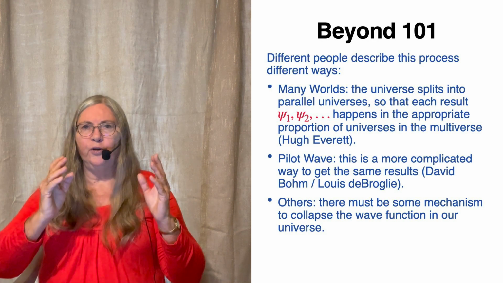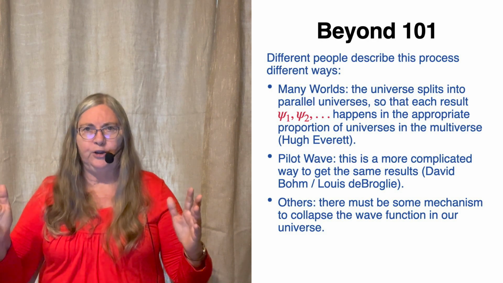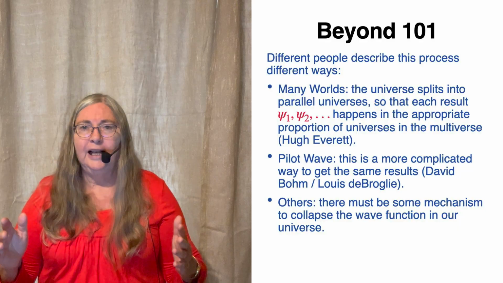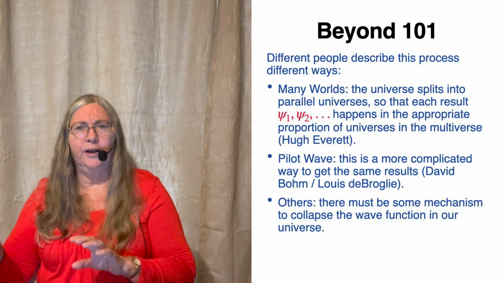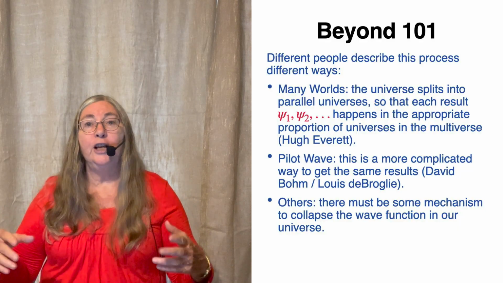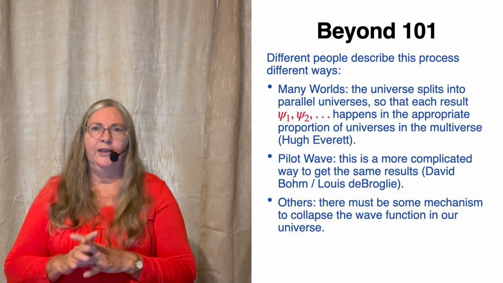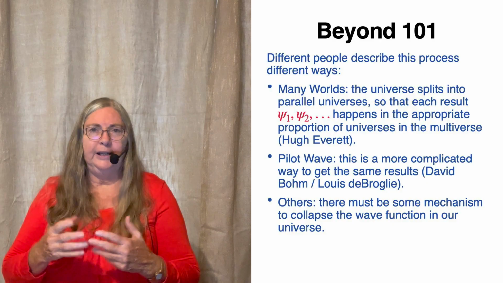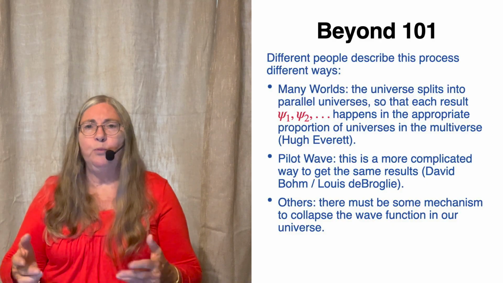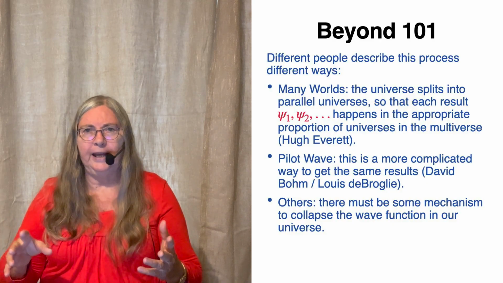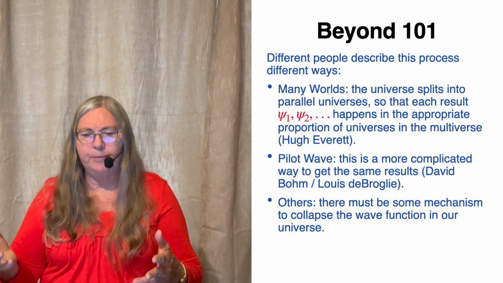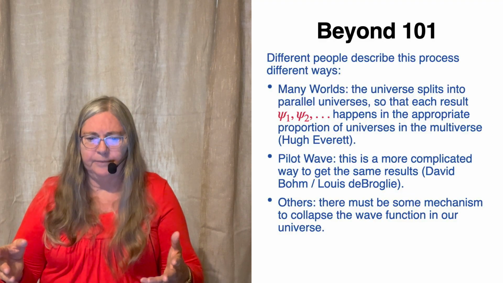Actually, the universe splits into different branches or parallel universes so that each possible result of the experiment does occur somewhere in the multiverse. There's another description in terms of pilot waves, which is more complicated, and it doesn't have a wave function collapse, but it gives the same results.